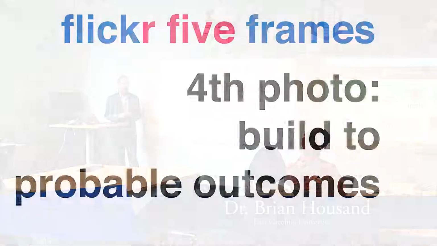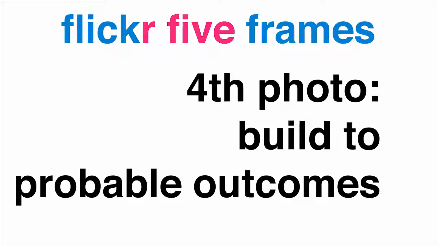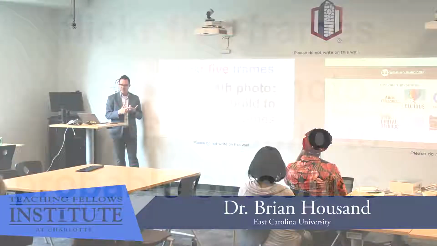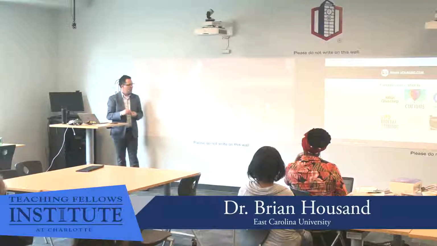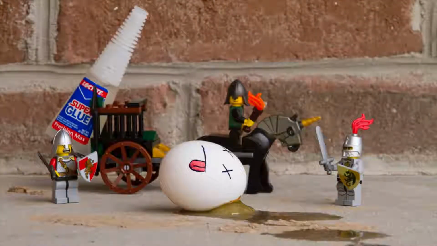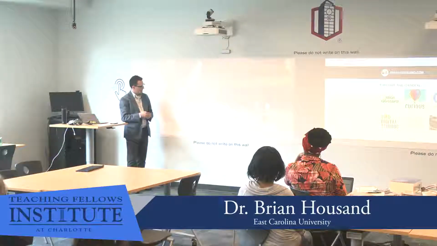Photo number 4. Build to probable outcomes. So how does this go? Humpty Dumpty sat on the wall. Humpty Dumpty had a great fall. All the king's horses and all the king's men couldn't put Humpty back together again. So here we have Humpty, the king's horses, the king's men, the super glue, not putting it back together again.